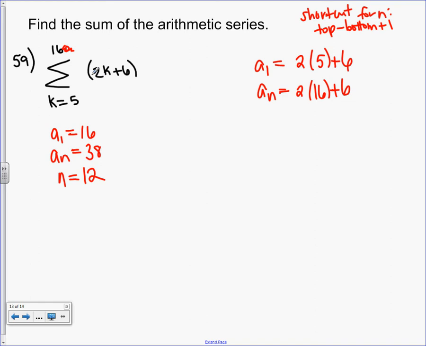Okay? So you could find d. This is arithmetic again, right? You could find d if you wanted to by finding the second term. If plugging 5 in gives me my first term, what would I plug in for my second term? 6, right? I would plug in a 6. So to find my second term, I would say 2 times 6 plus 6 would be 18.